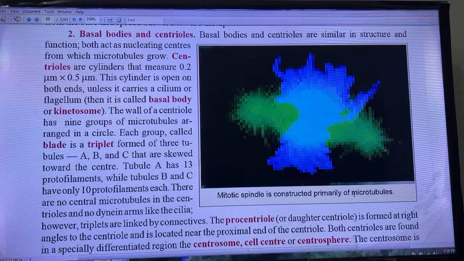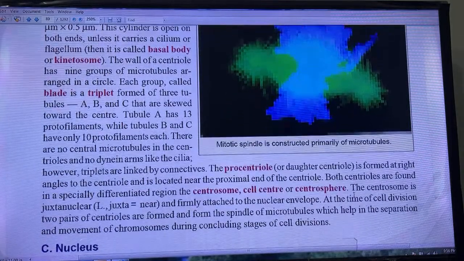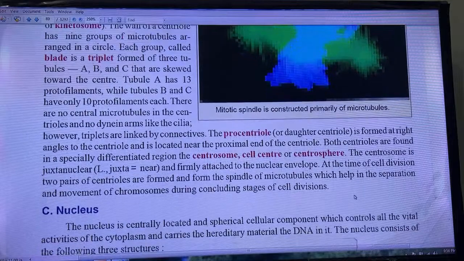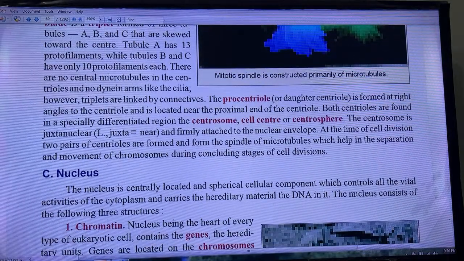Then it is called basal body or kinetosome. The wall of a centriole has 9 groups of microtubules arranged in a circle. Each group called blade is a triplet formed of 3 tubules A, B, and C that are skewed toward the center. Tubule A has 13 protofilaments, while tubule B and C have only 10 protofilaments.